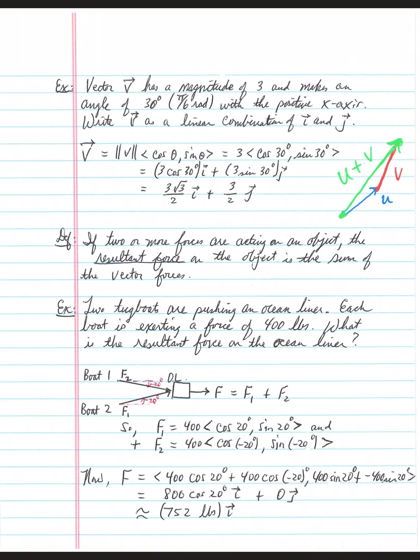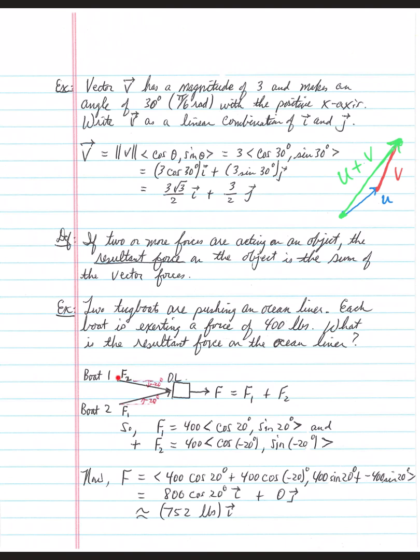Okay, so force 1 is 400 pounds of force times cosine of 20, sine of 20, because it is going in this direction. Cosine is your x direction, sine is your y direction, and that's your angle, 20 degrees.